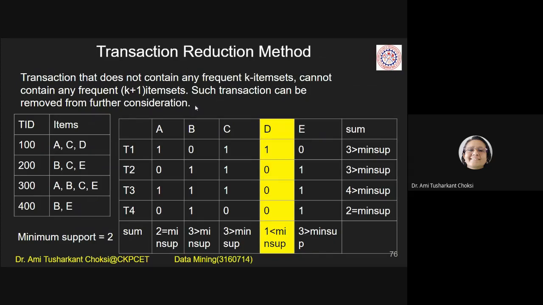What we say is that a transaction that does not contain any frequent item set cannot contain any frequent k+1 item set. Whichever transactions do not have frequent items cannot generate the next frequent item set. That is the meaning of this particular algorithm, right? Such a transaction can be removed from further consideration.